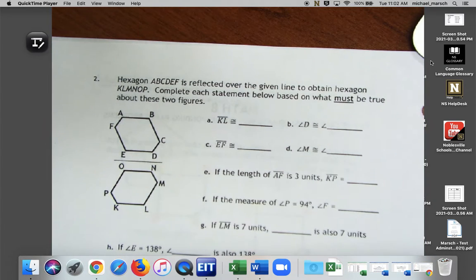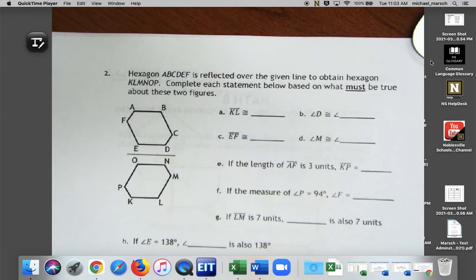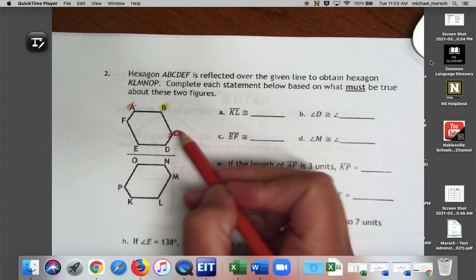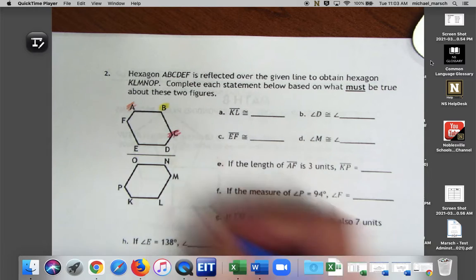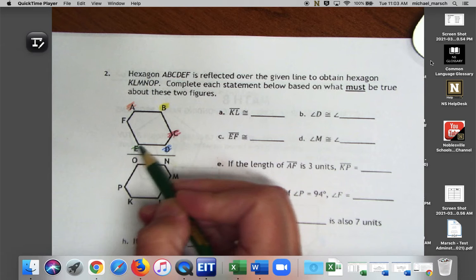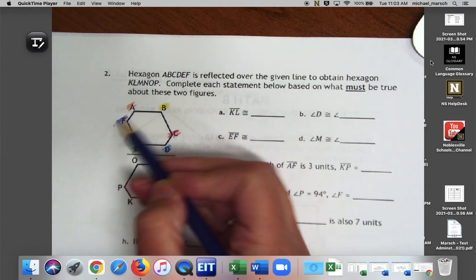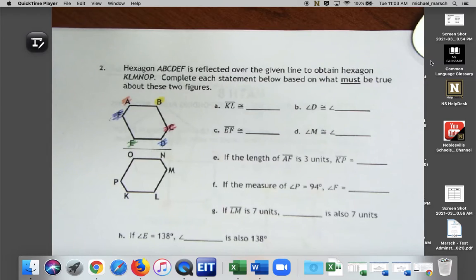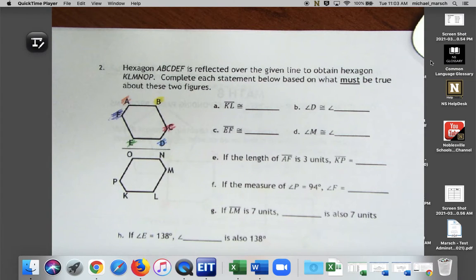So now we have a reflection. We have a hexagon. That's the six-sided figure, right? This one's slightly more difficult to color code because the reflection kind of puts things in weird places. So I'm going to first do A, B, C, D, E, F. And then we'll evaluate what are the corresponding parts of the reflection of the image.